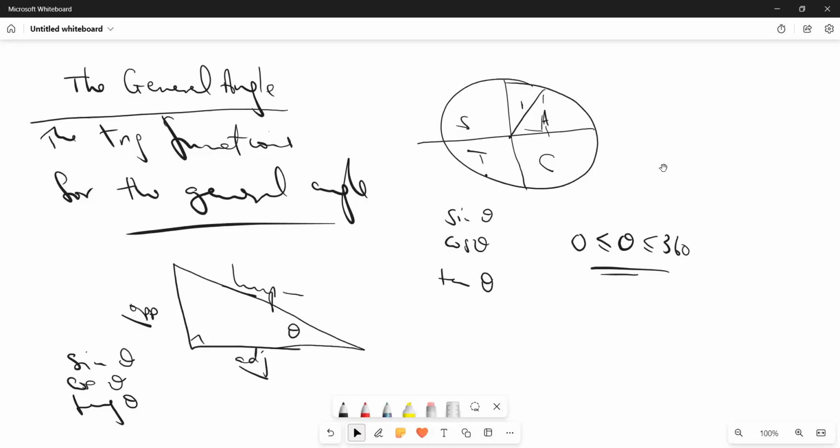What about an angle of 500 degrees? What about an angle of 1,000 degrees? What is the sine of it? What is the cosine of it? What is the tangent of it? What about an angle that is negative 100, negative 1,000? What's the sine, the cosine, the tangent of such an angle? So we want to go beyond what we were used to.